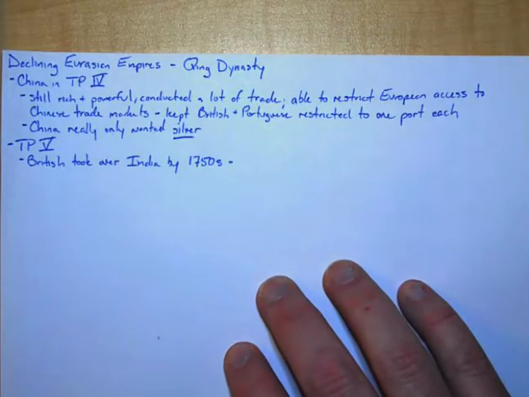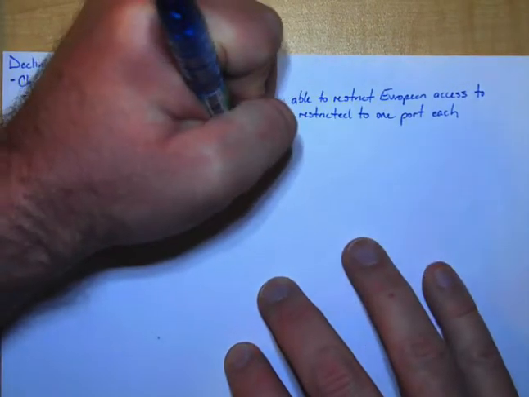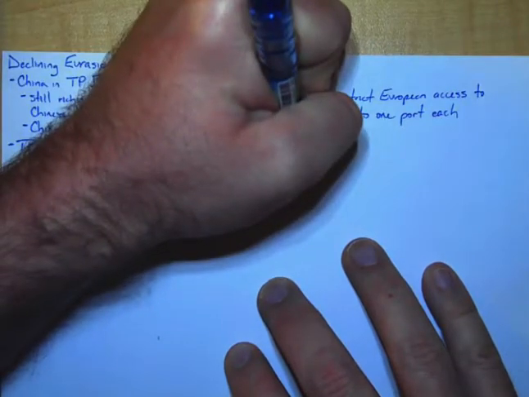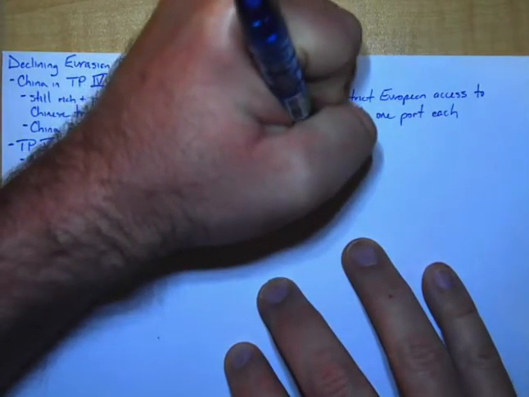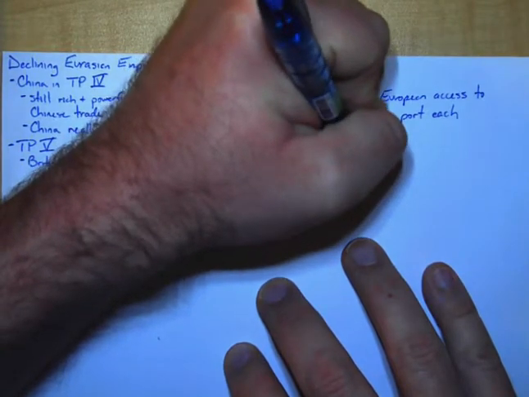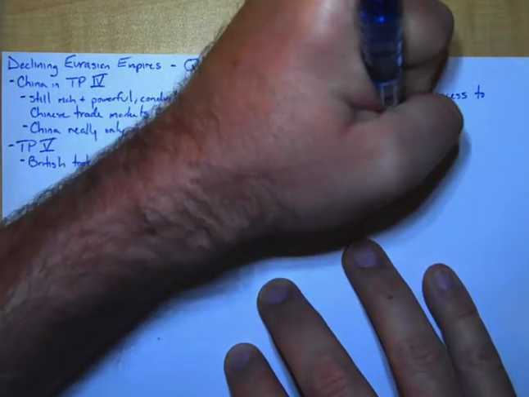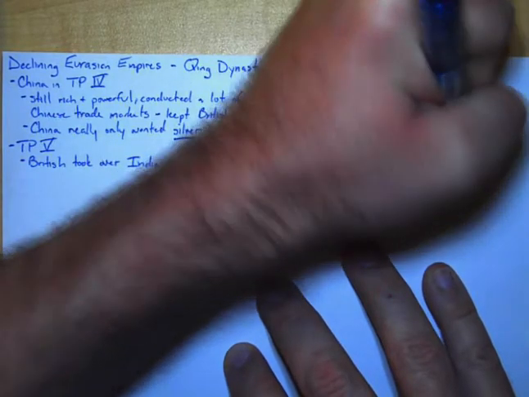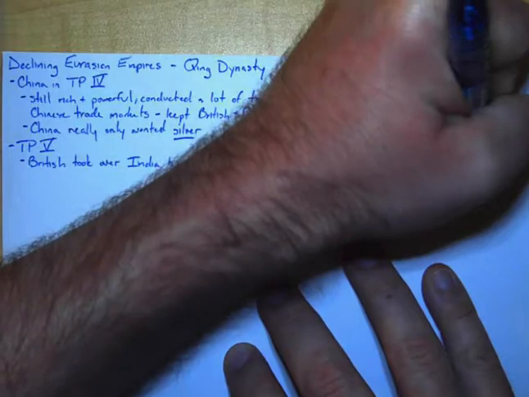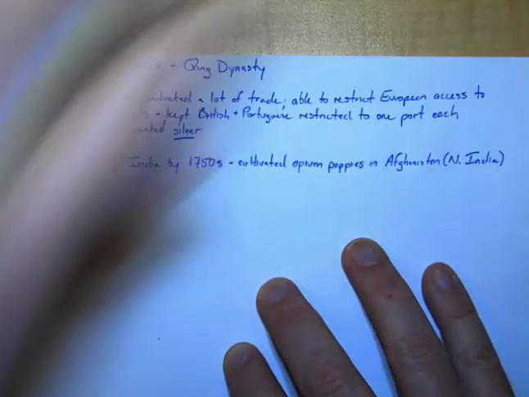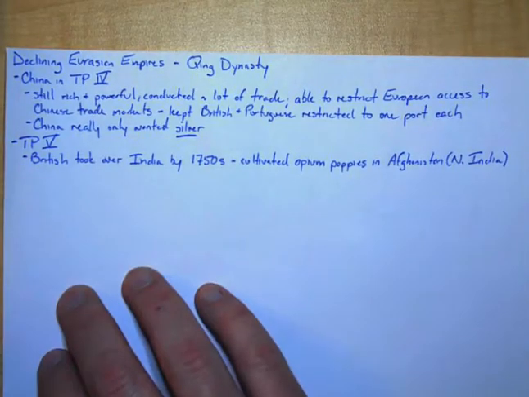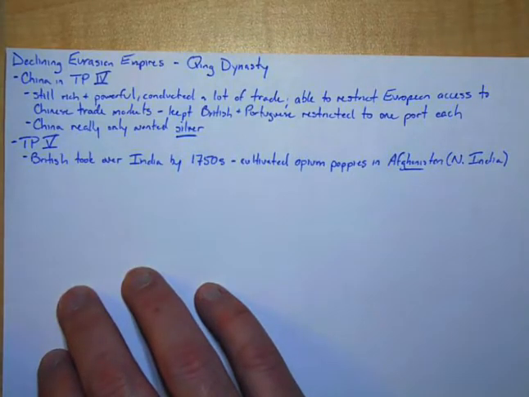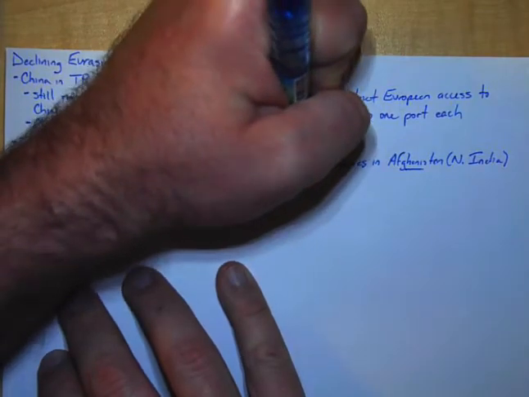And as they took over India, they also cultivated opium poppies in Afghanistan. Afghanistan is just north of India, so kind of northern India at this time, but today we would call this area Afghanistan.